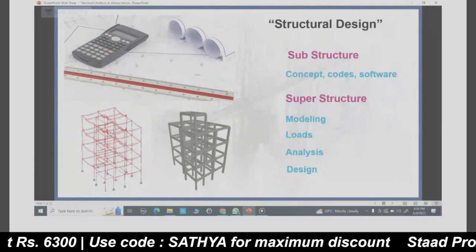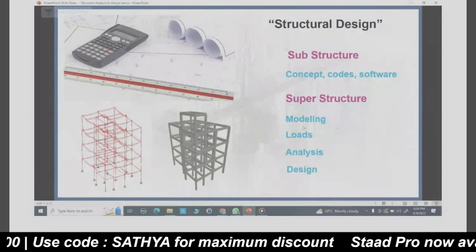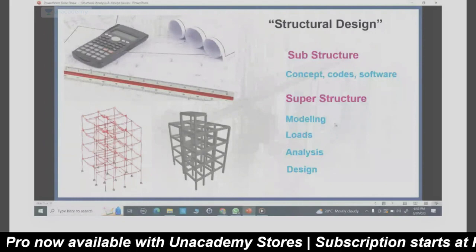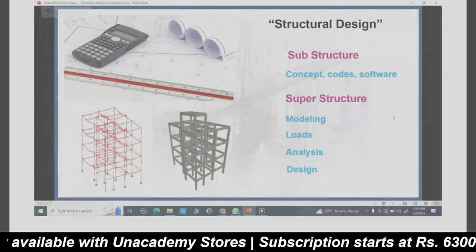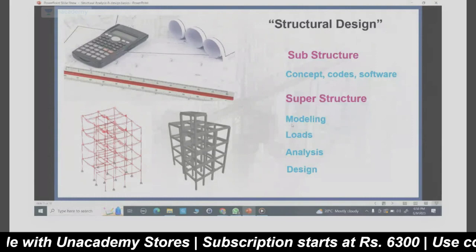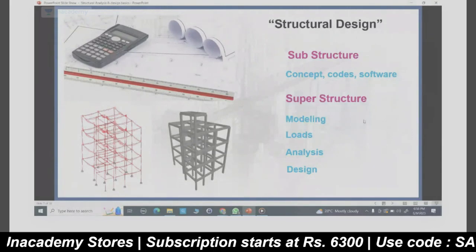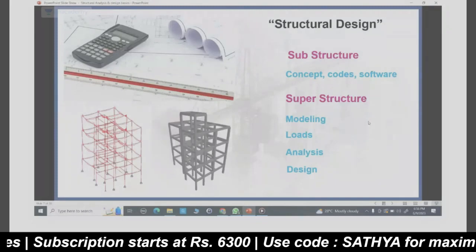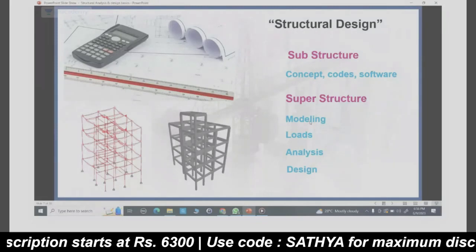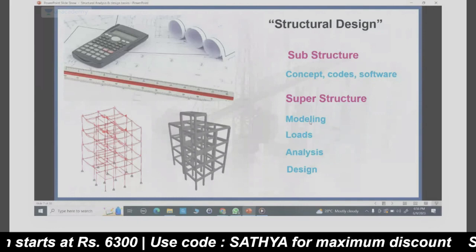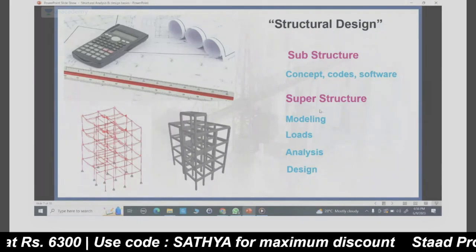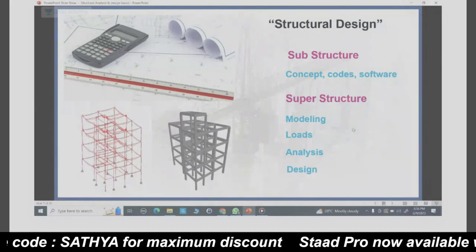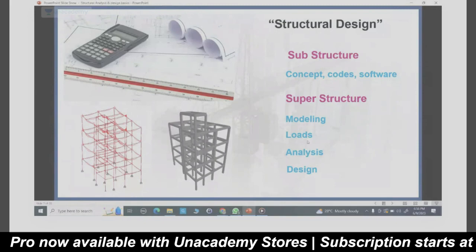Next, let's move on to superstructure. In superstructure, the first one is modeling. Modeling means we need to model the geometry using the Staad.Pro software. Modeling includes modeling of the structural members, and then we need to assign the member properties. Member property means the size of the structural members. We need to give that, and then provide proper supports, and then move on to loads.